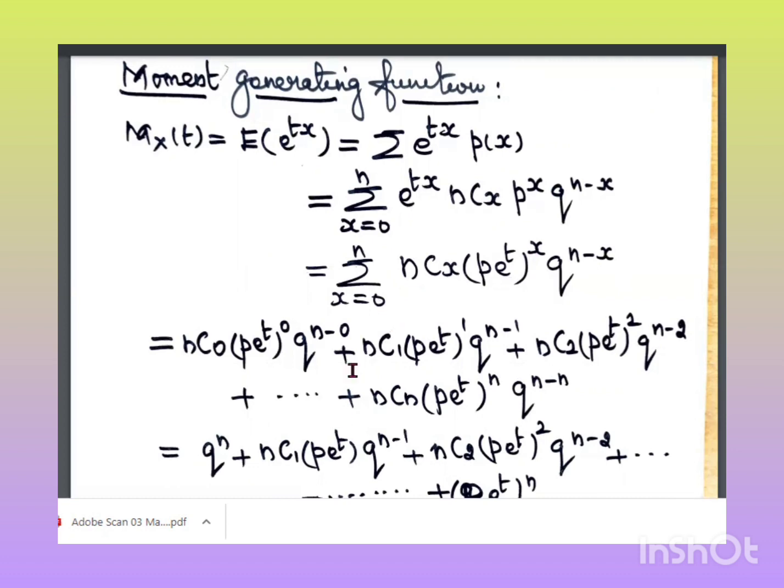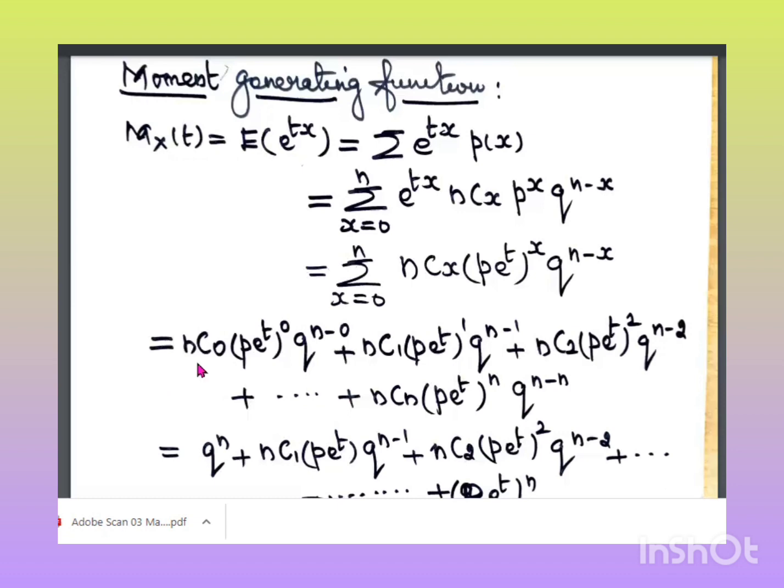So we write plus nC1, p e power t power 1, q power n minus 1 for x equal to 1. Next, plus, for x equal to 2, nC2, p e power t power 2, q power n minus 2. Continuing like this, finally for x equal to n, plus nCn, p e power t power n, q power n minus n.